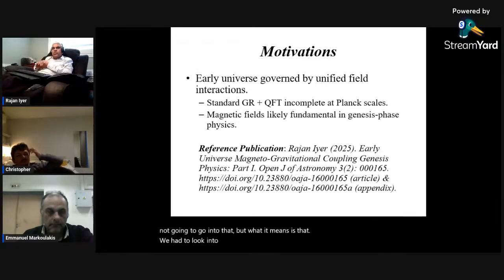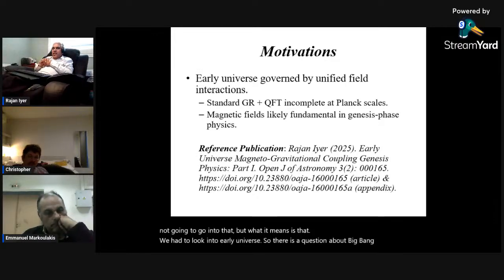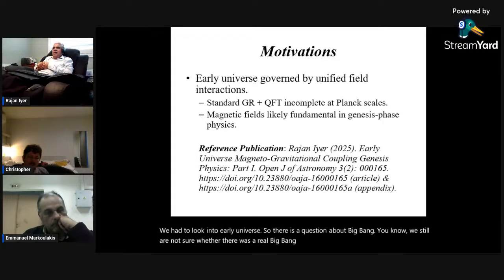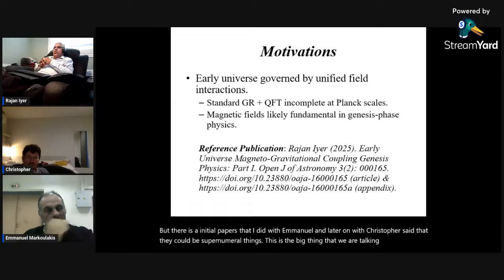So there is a question about the Big Bang. We still are not sure whether there was a real Big Bang or not. But the initial papers that I did with Emmanuel and later with Christopher said that they could be superluminal things. This is the big thing we are talking about here: that it can actually be faster than the speed of light.